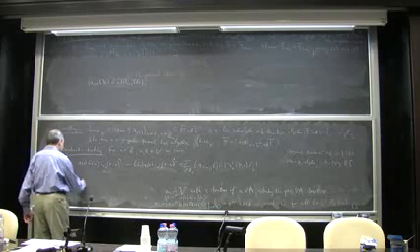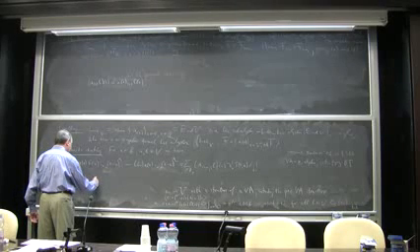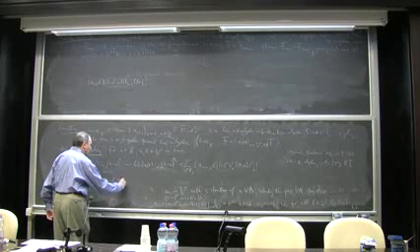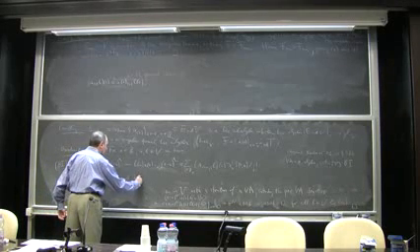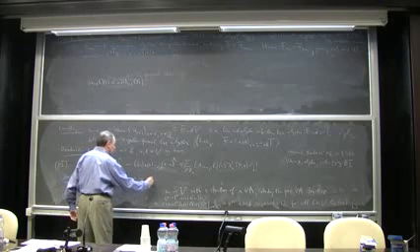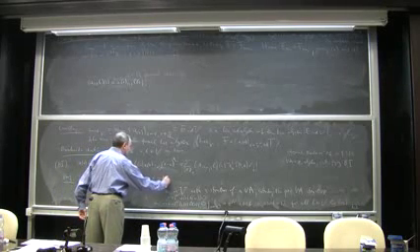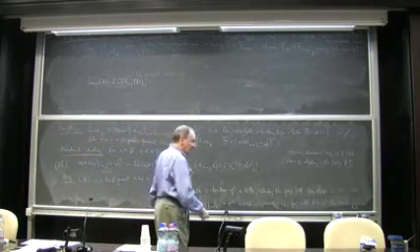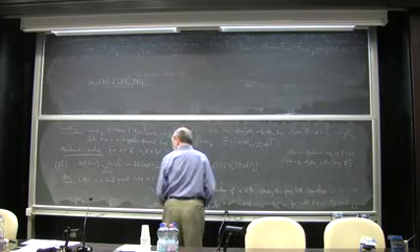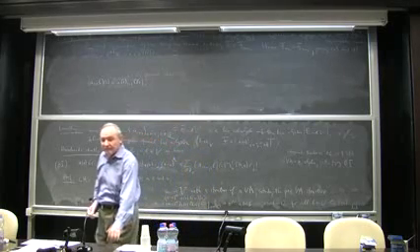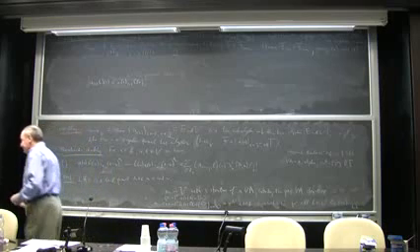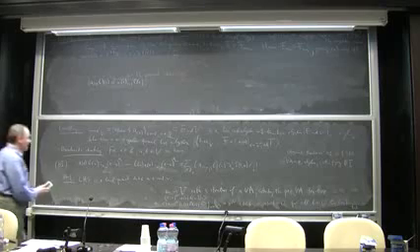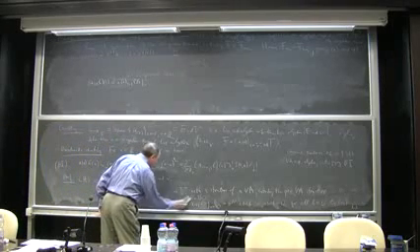So the left-hand side is a local formal distribution in z and w. So why is it local?